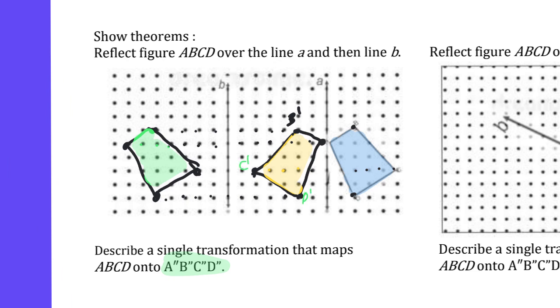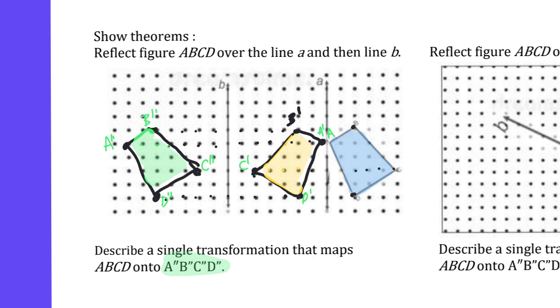This would be C prime, B prime, and this is probably A prime if this is A. Then as you reflect it one more time, this would be C double prime, this would be D double prime, this would be A double prime, and this would be B double prime.